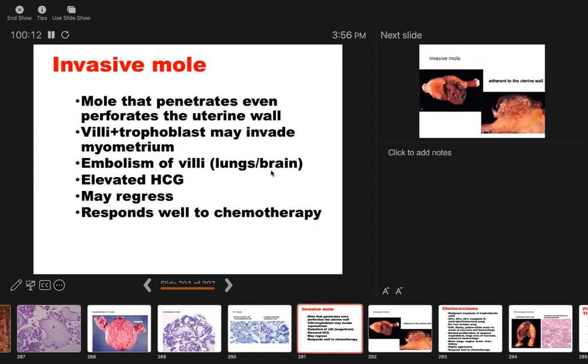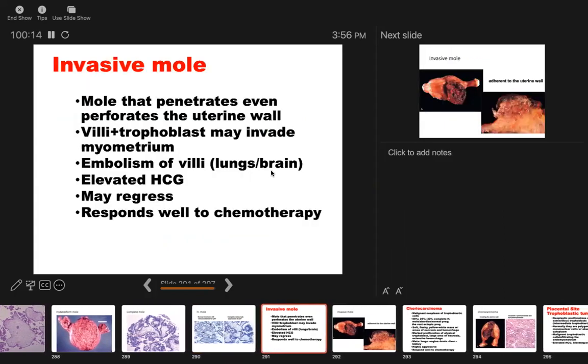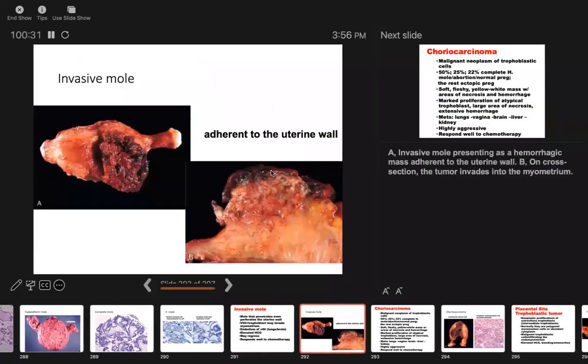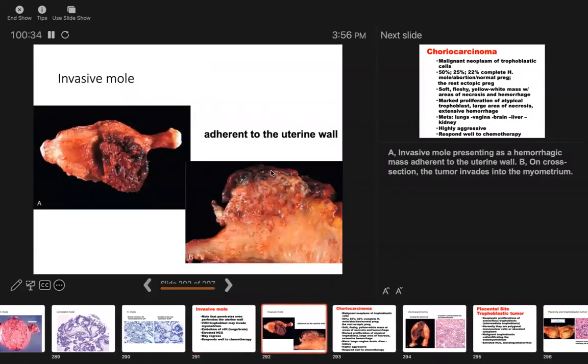Now, with molar pregnancy, there is a chance for it to perforate the uterine wall. And when it is capable of going through the wall, this is what you call invasive molar pregnancy. Now, this is an example of invasive mole. Again, the risk of perforation is there.